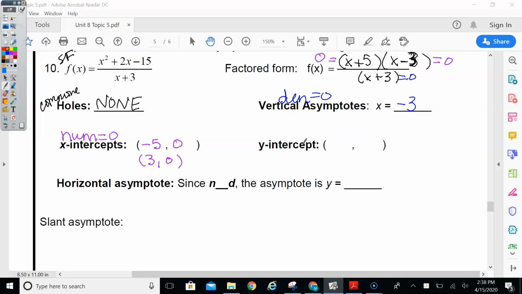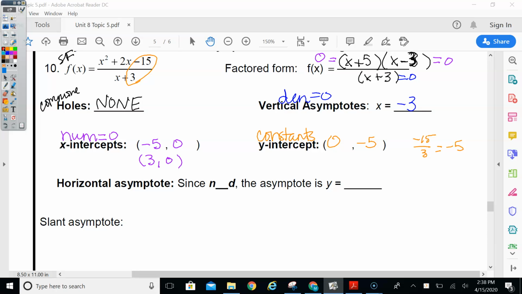Now for the y-intercept, we look at the standard form over here, and we look at the constants. So the constants are -15 and 3. -15 over 3 is -5. So 0, -5 for that one. Okay, so all that's review. That's what we've been doing. This is the new part.